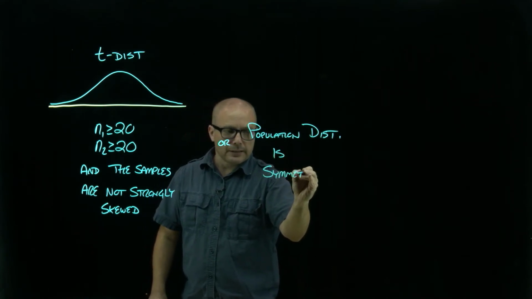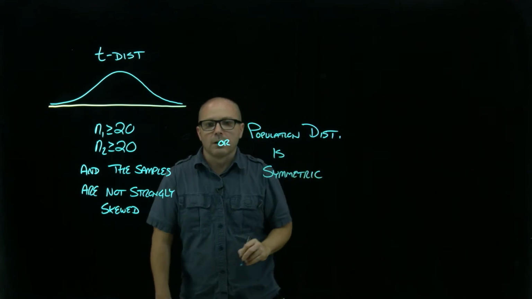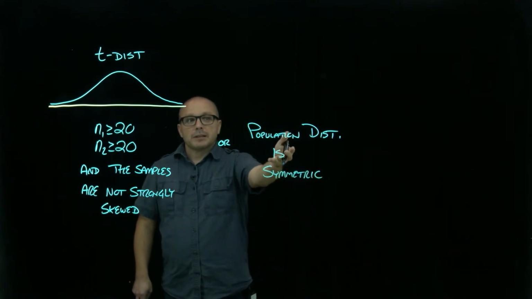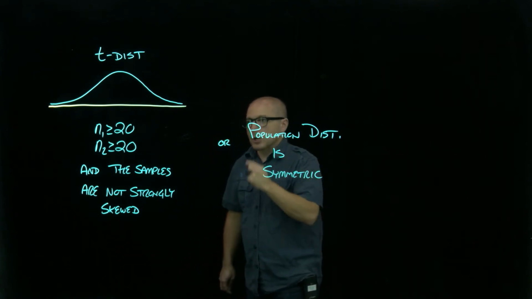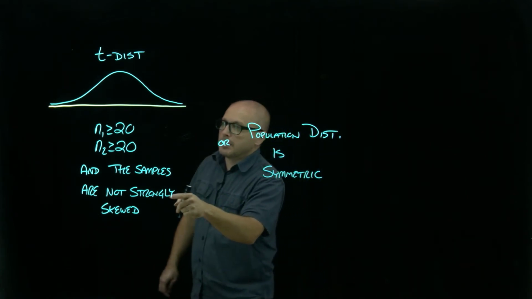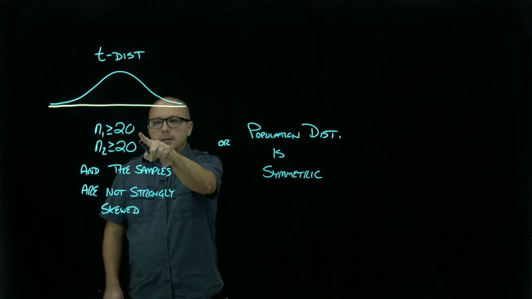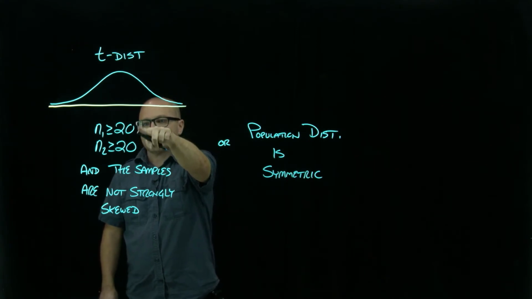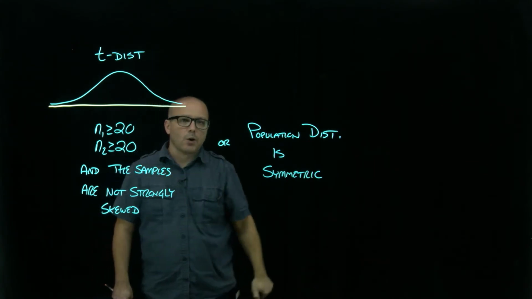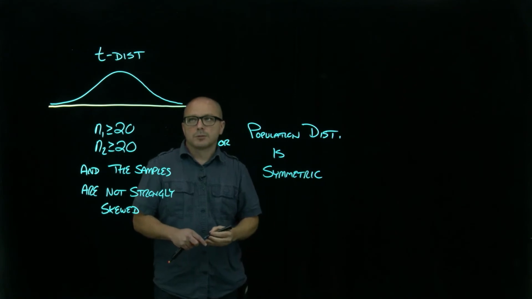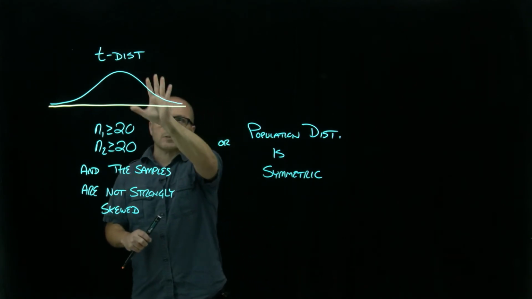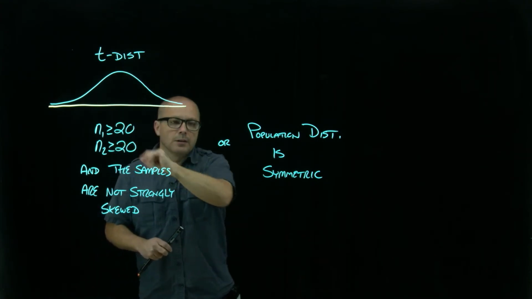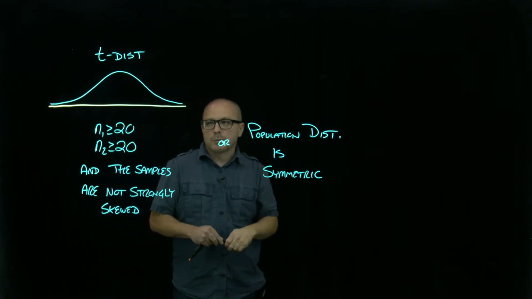Now, we tend not to emphasize that because typically we're not going to know a lot about that population distribution. So typically we're going to be looking at 20s for both the sample sizes and not overly skewed in those samples. So the theory-based is just going to go off of the t-distribution from our data and compute the p-value that way.